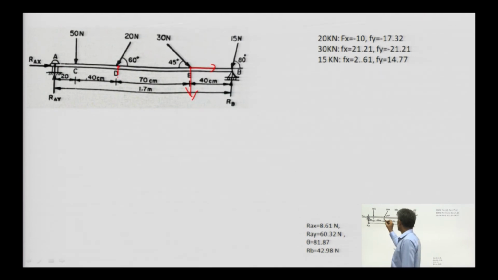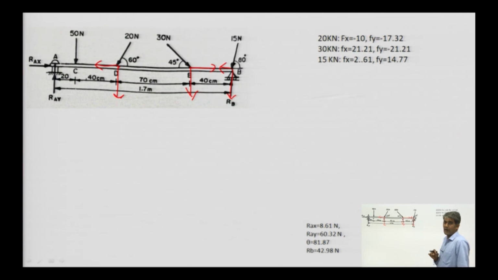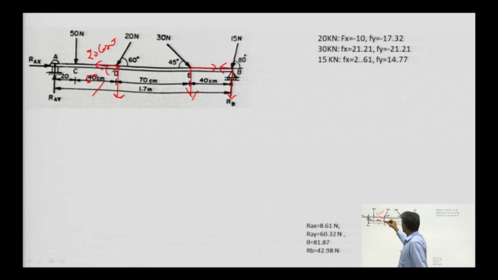This force will be resolved into this direction, and this force will also be resolved into this direction. All the steps will be the same. What will be the component? Since this angle is theta, it will be 20 cos theta, and 20 sin theta, theta is 60, so 20 sin 60.